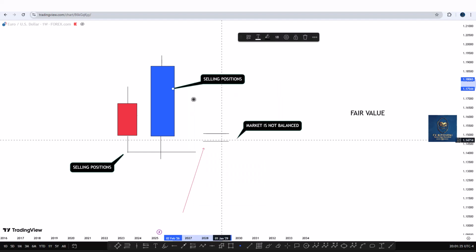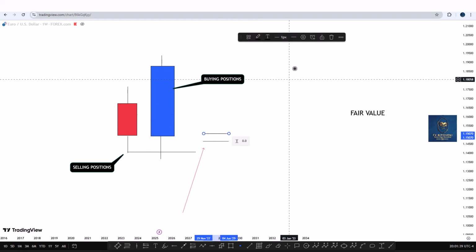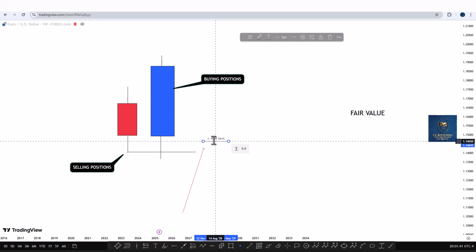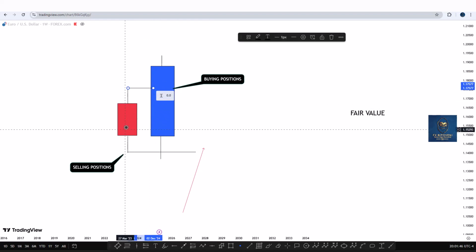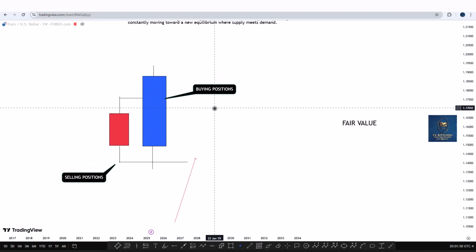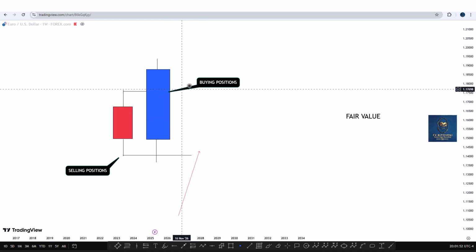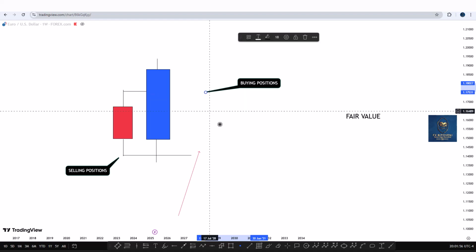So you understand that these are buying conditions. Now we have imbalance created because this candle is longer than this one. So buying positions are too heavy. So we need what? We need to seek balance.